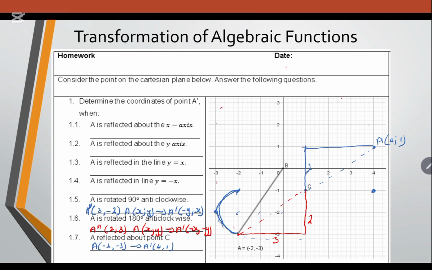So the point will be there. So the semicircle will now look like that. So you cannot come up with a general rule for reflection about the point, because each and every point will have to be reflected according to their distance from the point of reflection.